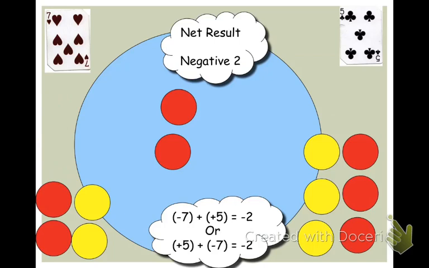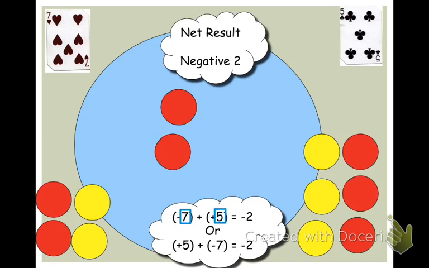In our last example, we saw that we had a set where we had negative 7 and positive 5. Well, if we look at that set, we could say, hey, the magnitude of negative 7 is 7, and the magnitude of positive 5 is 5. We take the difference in those.